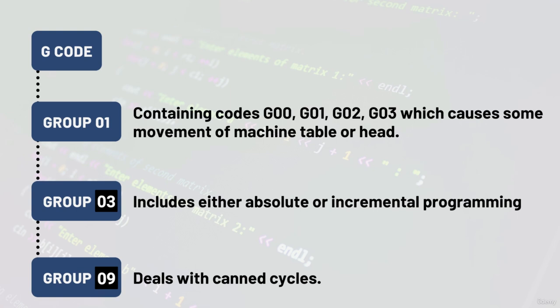Group 1 contains codes G00, G01, G02, and G03, which cause some movement of the machine table or head. Group 3 includes either absolute or incremental programming, while Group 9 deals with canned cycles.